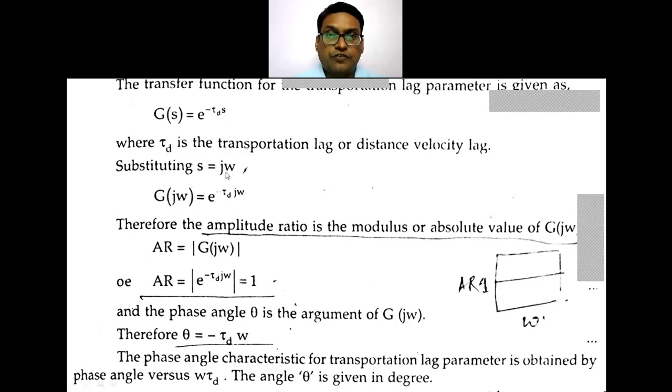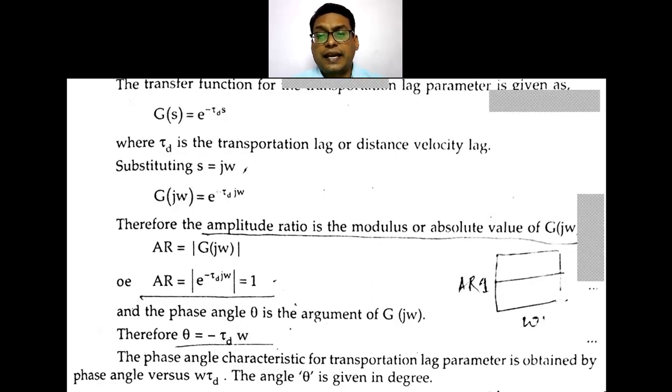Substituting s equal to j omega and converting it into the complex function, the amplitude ratio is nothing but the modulus of G of j omega. Taking the modulus, e raised to minus tau d j omega is equal to 1. And the phase angle theta is equal to minus tau d omega.